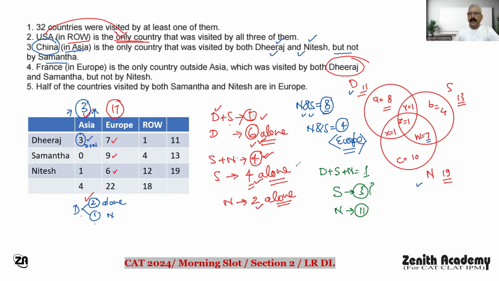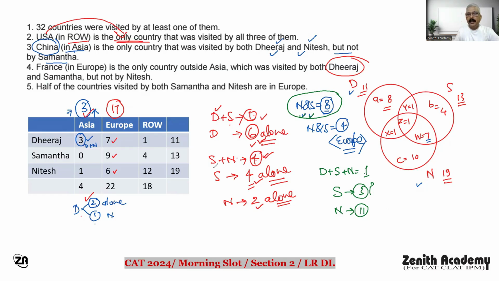Look here. As we said, Nitesh and Samantha visited a total of 8 countries together, and among them 7 countries where only Nitesh and Samantha visited. There are 7 countries where they visited together.